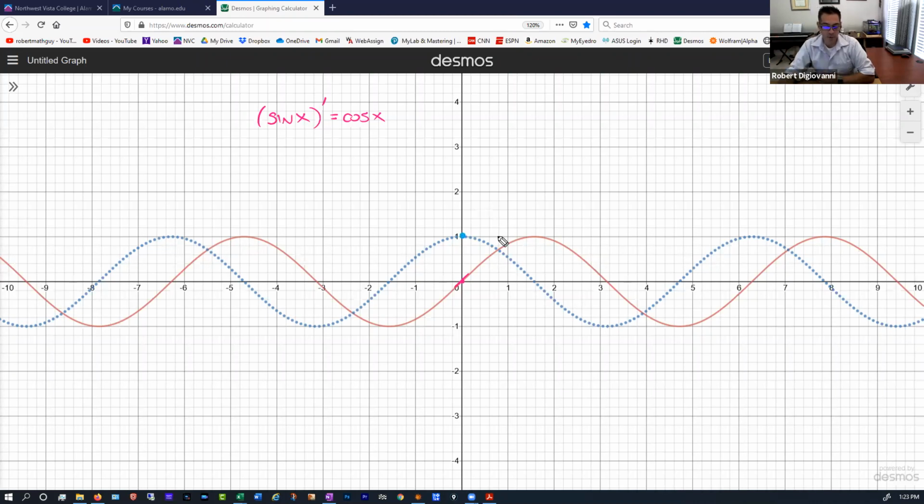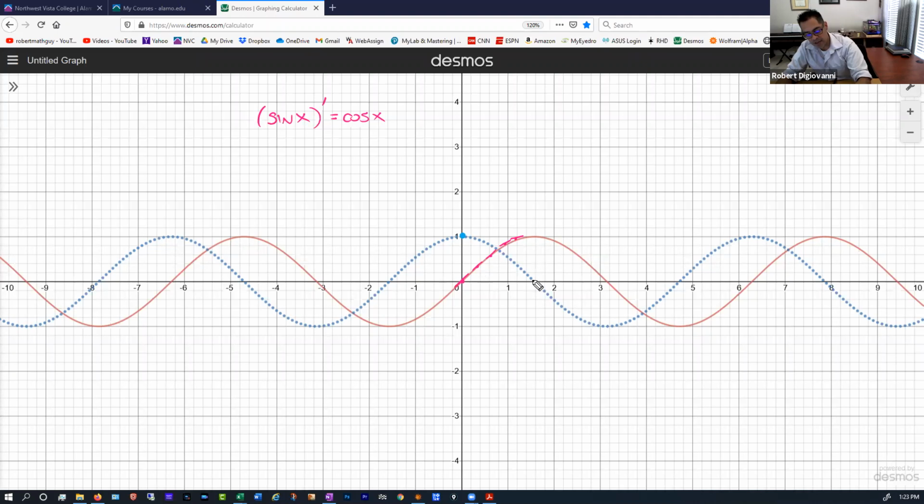And then as I move from left to right, look what happens to that slope of the tangent line. It's still positive, but now do you see it starting to flatten out? So as we move from left to right, the derivative of sine is positive but starts to flatten, which means that it's a positive number that starts to get smaller.